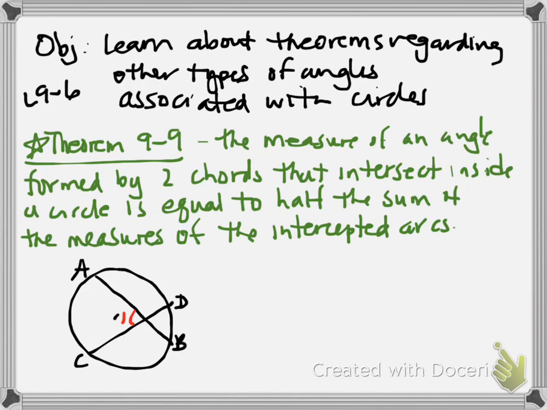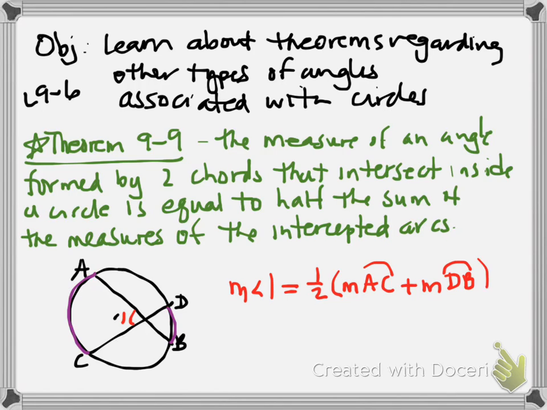So according to this theorem, the measure of angle 1 is equal to half the sum of the measure of arc AC. So again, he's being intercepted by that angle, he's being intercepted by that angle, okay? Because both of them have the same measure. Why? They're vertical angles. Plus the measure of arc DB, or BD, doesn't matter.